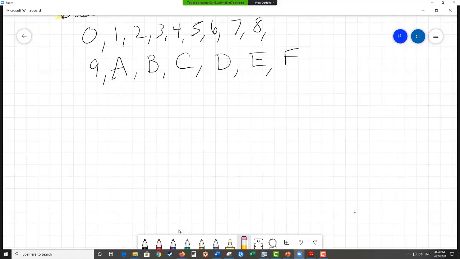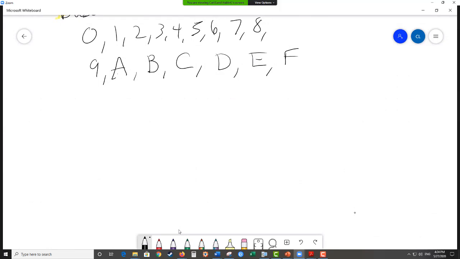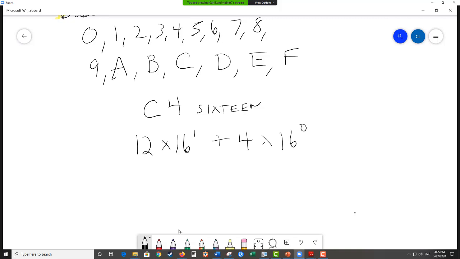So if I have a number in base 16, like the number C4, this means I have, so A is 10, B is 11, C is 12. I have 12 groups of 16 to the first plus 4 groups of 16 to the 0.